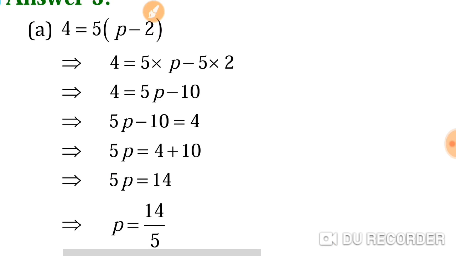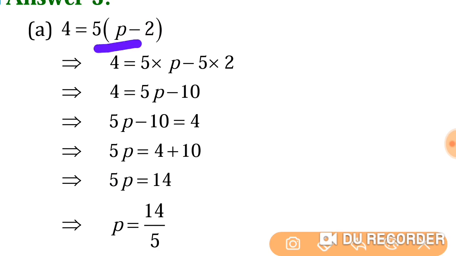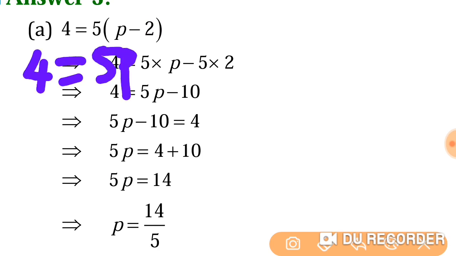Okay, so 4 is on the RHS, which means transfer all the numbers except p to the RHS. So multiplication 5 you can bring to that side, or you can multiply the simple way. It is 5 into p, 5p, minus 5 into 2, 10.